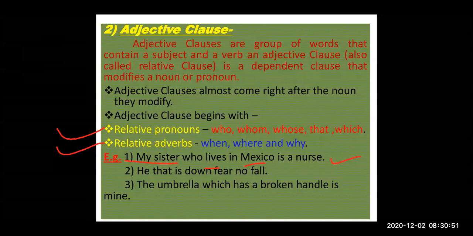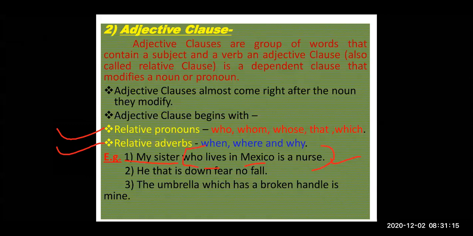The adjective clause is "who lives in Mexico". This is your adjective clause. Get it? See what definition we have seen. The adjective clause is a group of words, as in "my sister who lives in Mexico is a nurse", which contains a subject and a verb.